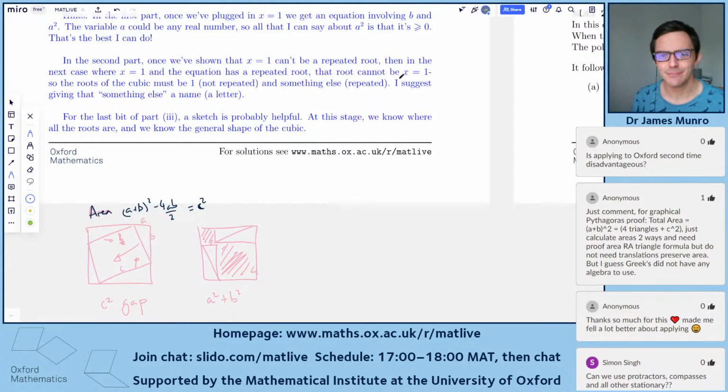Okay, so I'm not going to say disadvantageous because, hey, you don't get to go to Oxford unless you apply. And if you weren't successful the first time, then you don't get to go to Oxford, I suppose, unless you apply again. But it's not very common for people to make successful applications the second time around, partly because it's not very common for people to be successful in some sense, and we have a lot of applicants per place, right?